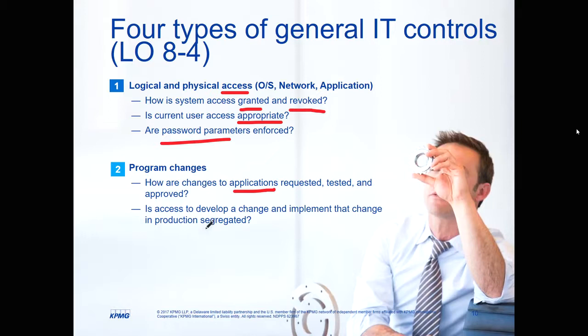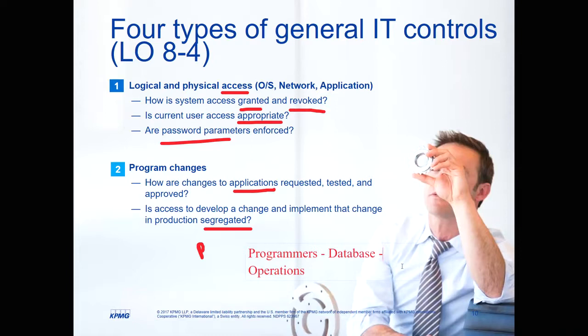And then what we're going to be looking for is segregation of duties around the IT environment, right? And so we'll look for things like, are the programmers separate from the folks that manage the database, who are separate from the folks that actually run the actual applications and run the different jobs that need to happen, right?